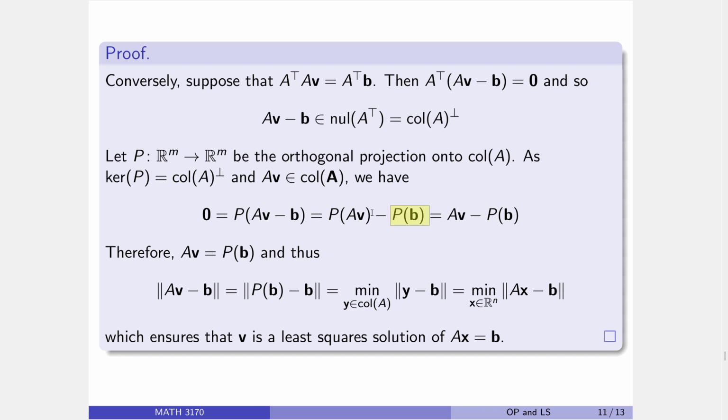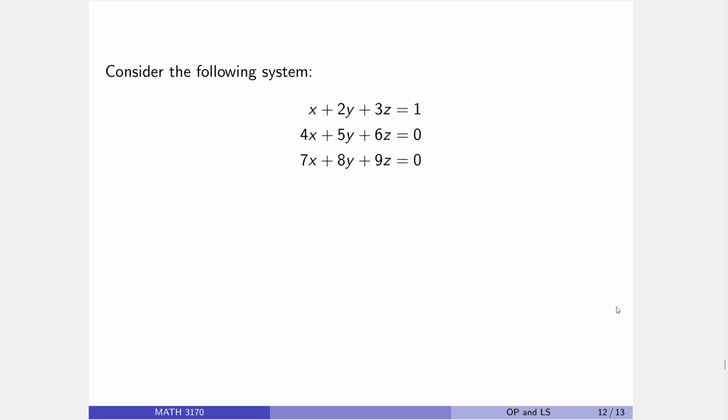PB here just goes along for the ride. Since AV is in the column space, the projection doesn't do anything to it, because, again, it's a projection. Solving this gives me that AV is PB, but PB does that minimization, and thus AV has to be a least squares solution. Beautiful. So there we go.